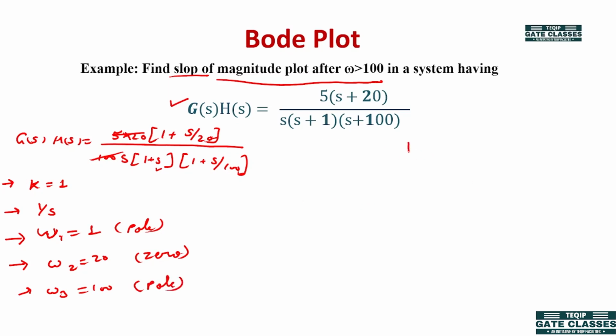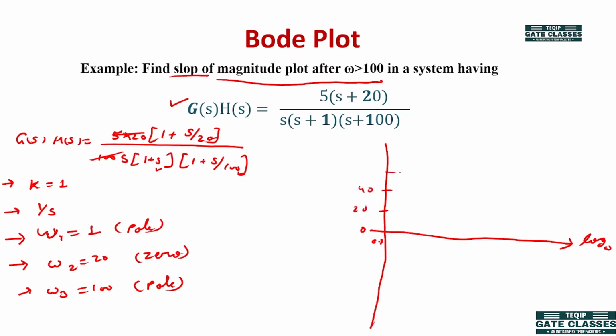So while drawing this magnitude plot, let's draw. Okay, so this is your log omega. Say this is 0.1, this is 0, 20, 40, 60 dB.